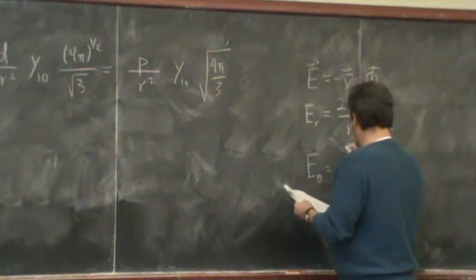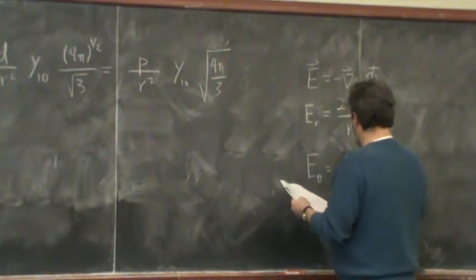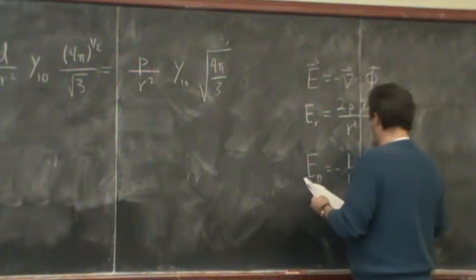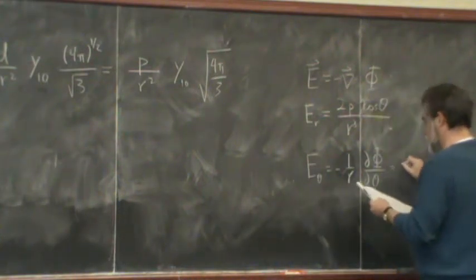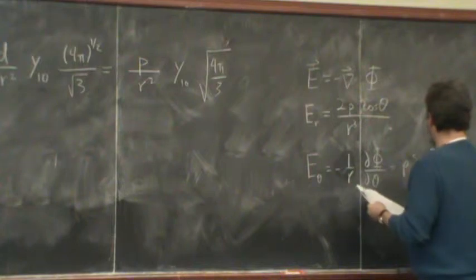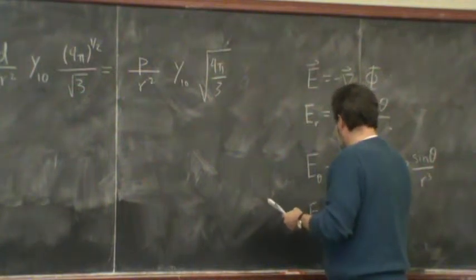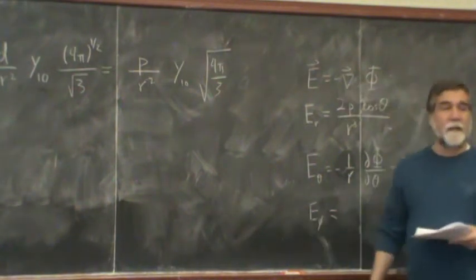E sub theta, the derivative I'm taking is minus 1 over r d potential d theta, and that's equal to p sine theta over r cubed. And E sub phi, we already know what that is.